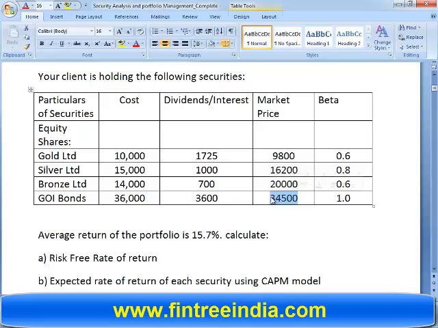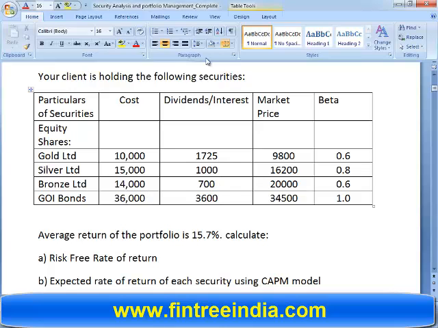If you have Government of India bonds which you purchase for 3600 rupees, and they give you interest of 3600, right? That means you've received a coupon of about 10%, and then the market price reduced further by 1500. So your net income is 3600 minus 1500, and that as a ratio to 36,000. So the return earned on Government of India bonds, isn't that the risk-free rate of return?